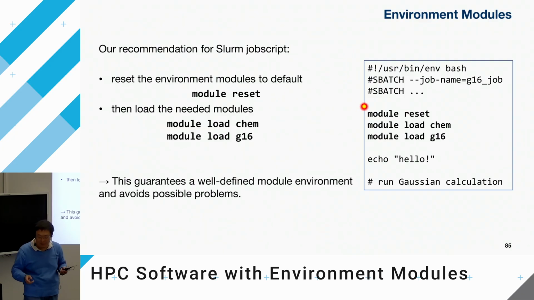Everything is default. And then you load the needed modules by using, for example, module load chemistry, module load G16, Gaussian 16, and then you just run your Gaussian calculation.